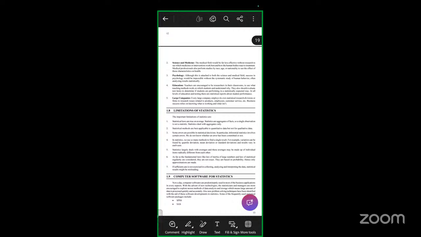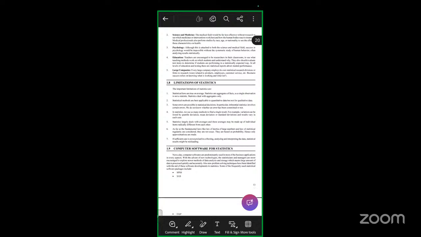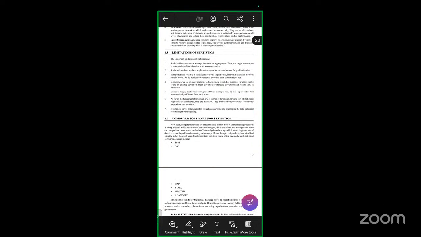Why only a particular brand or model? There is a reason behind that: the number of purchasers, the quality, company offers and discounts, distributor offers and discounts, and tie-ups. There are multiple factors, and statistics is one of them. Now, the limitations of statistics.